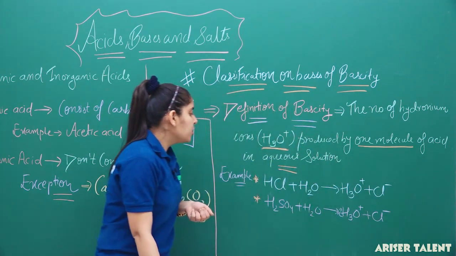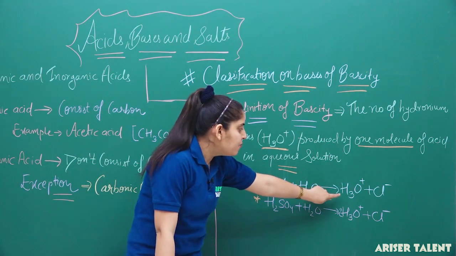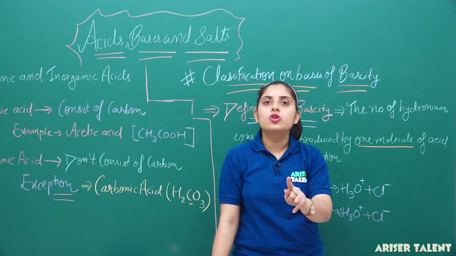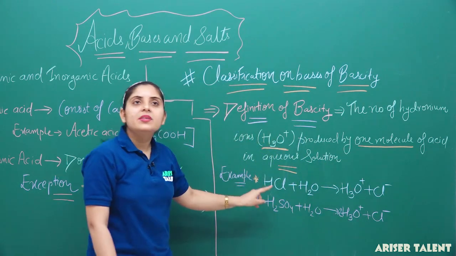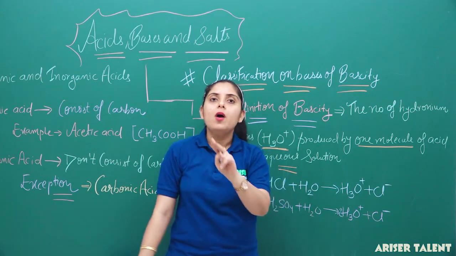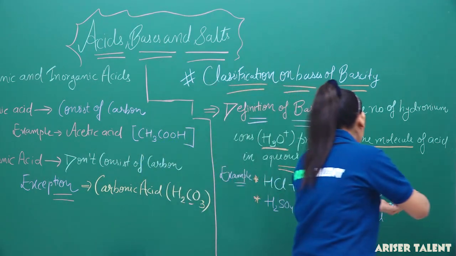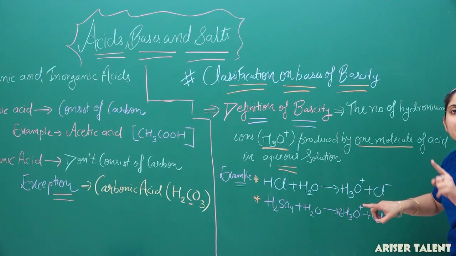So you can see from these two examples, there is one hydronium ion produced in the first solution because HCl consists of one hydrogen. We can also see here that H2SO4 consists of 2 hydrogens and it is giving 2 hydronium ions. So I must say the basicity of this will be 1 and the basicity of this will be 2.